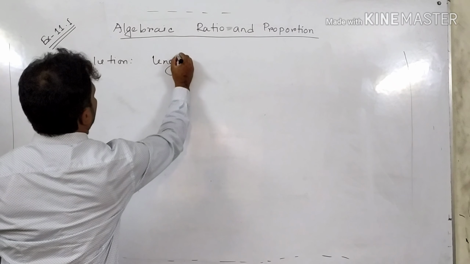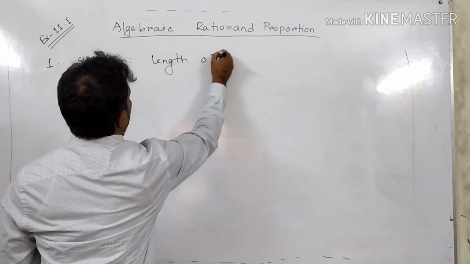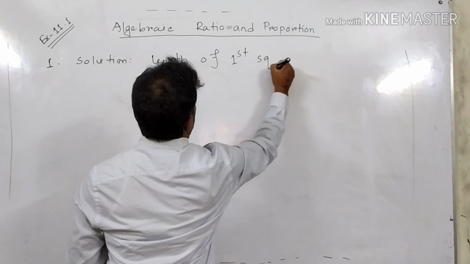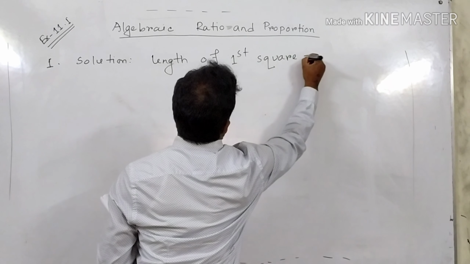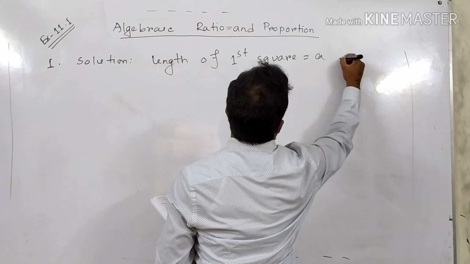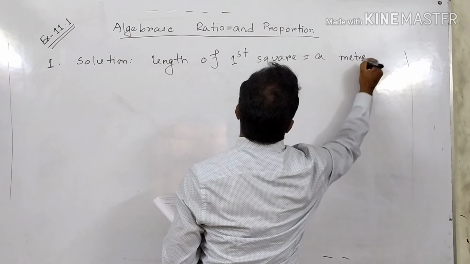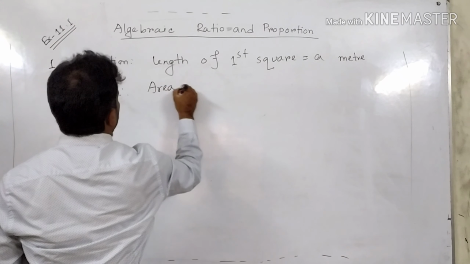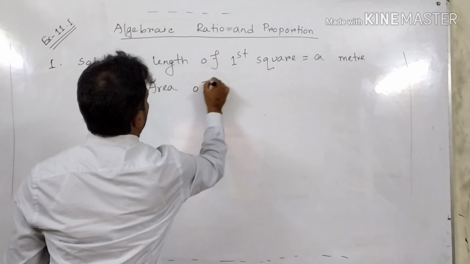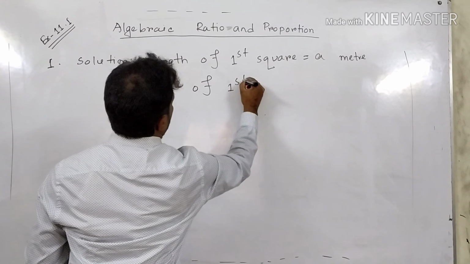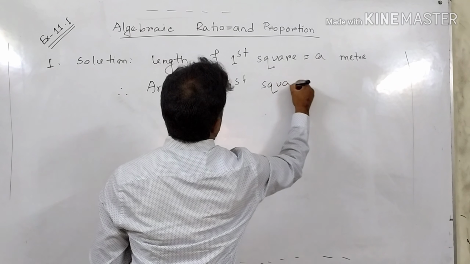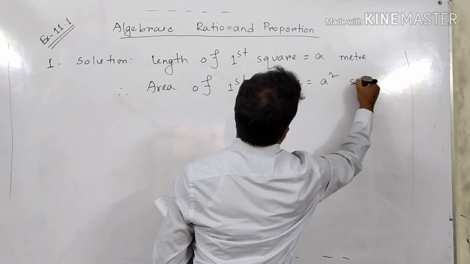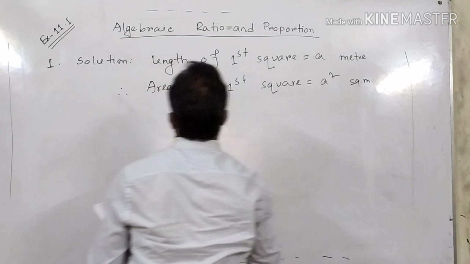Length of first square equal to a meter. Therefore area of first square equal to a square meter.